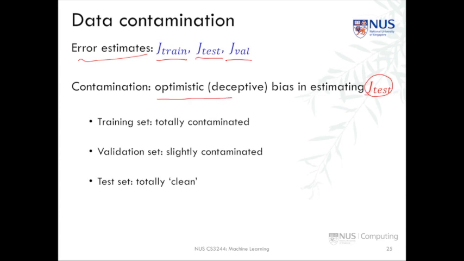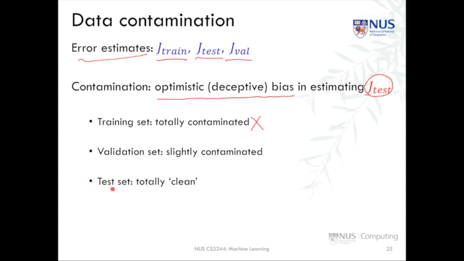These can be deceptively optimistic biases when we look at how much those points have been used to construct the learned hypothesis. For example, of course, the training data is totally compromised. This is because it's been used to construct the learner in the first place, so we wouldn't use the training cost as a proxy for the test cost.